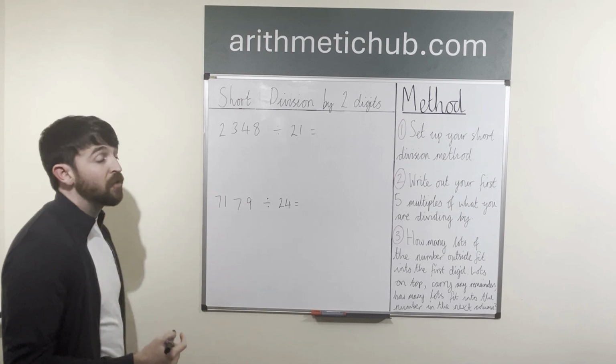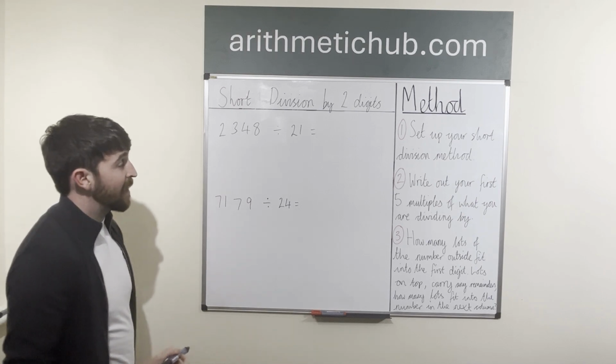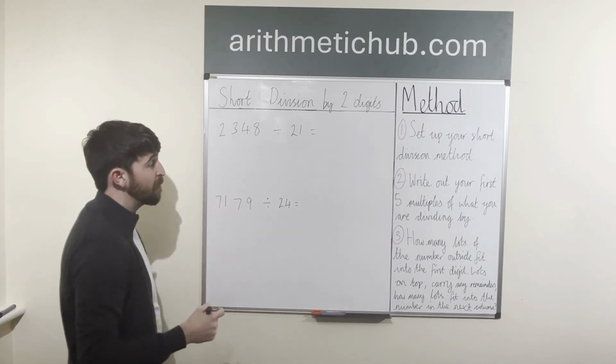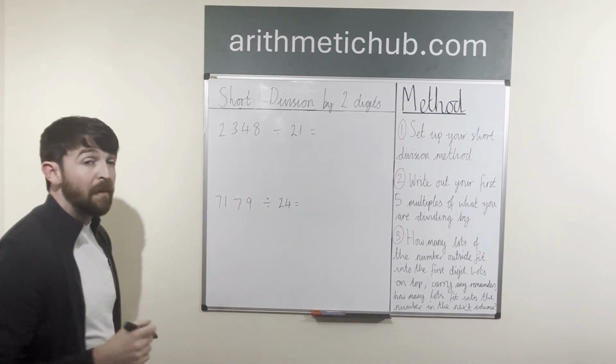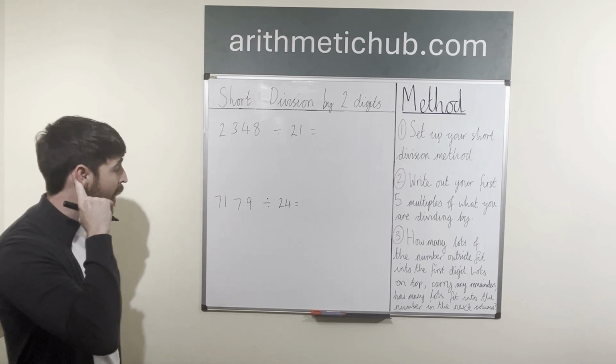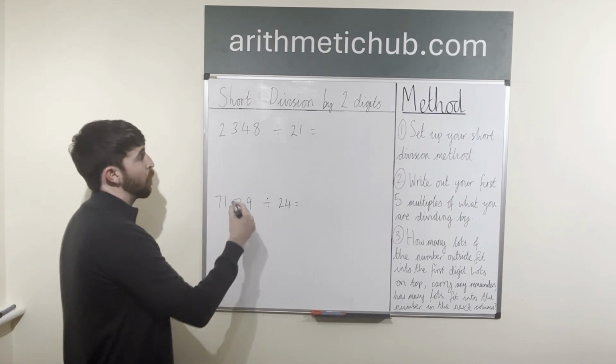So if your number is between 11 and 25, maybe just keep it as a short division, okay? Let's have a look at an example.